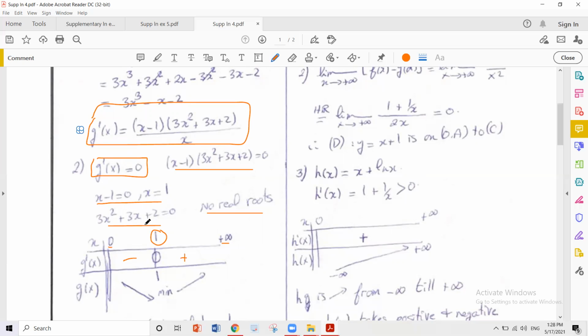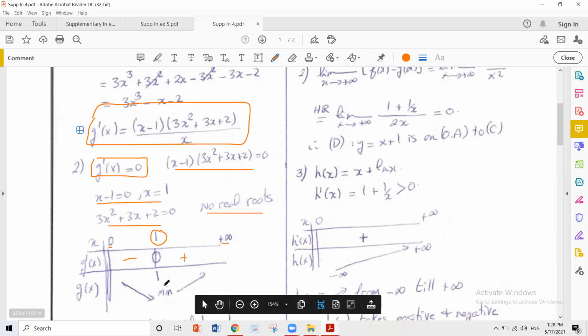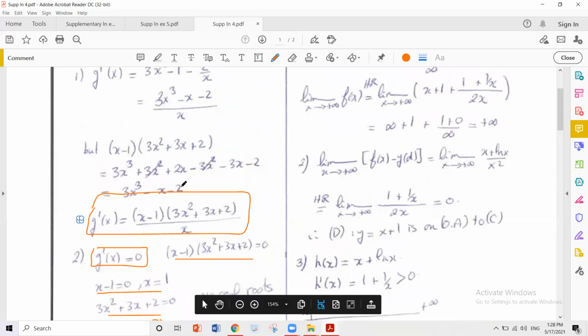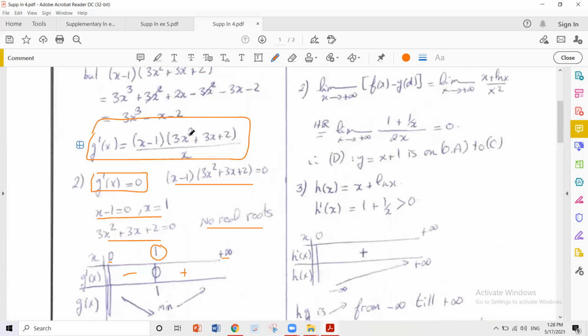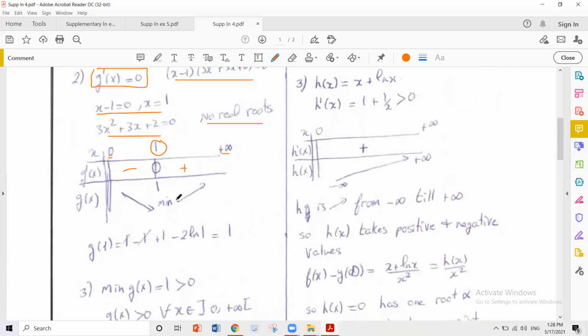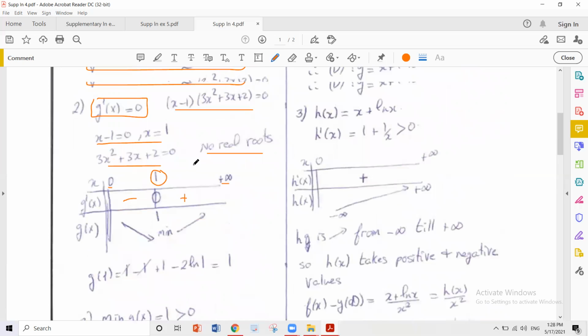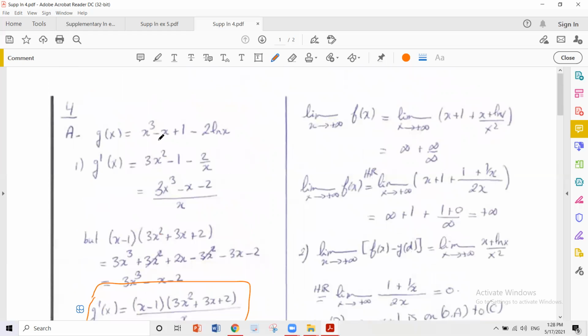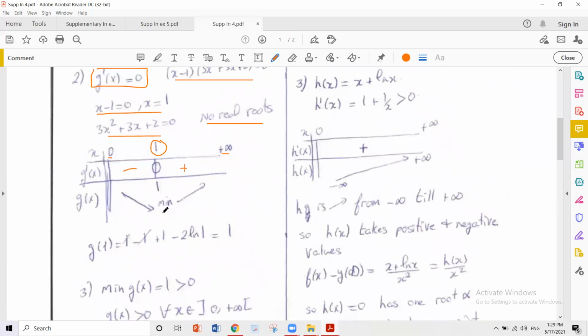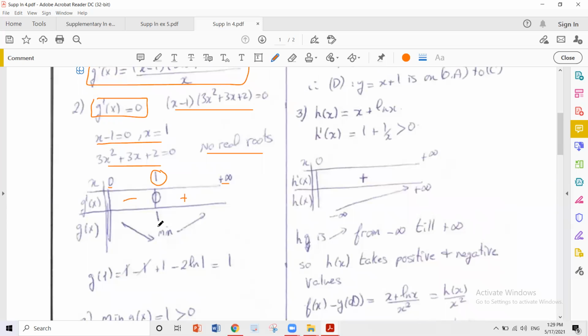To know the sign, we take a value greater than 1 and replace it in the derivative. Any value greater than 1 will give positive. The minimum g of 1 equals 1 minus 1 plus 1 minus 2 ln 1, which gives 1. The minimum is 1.